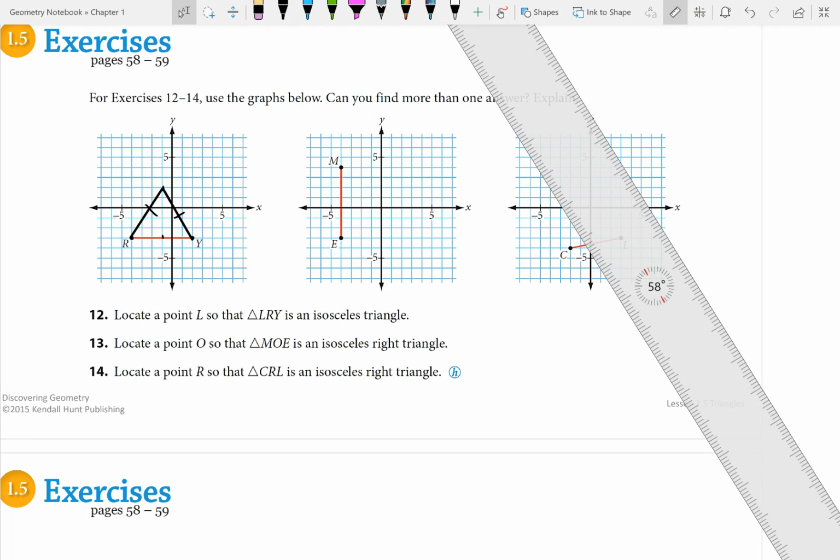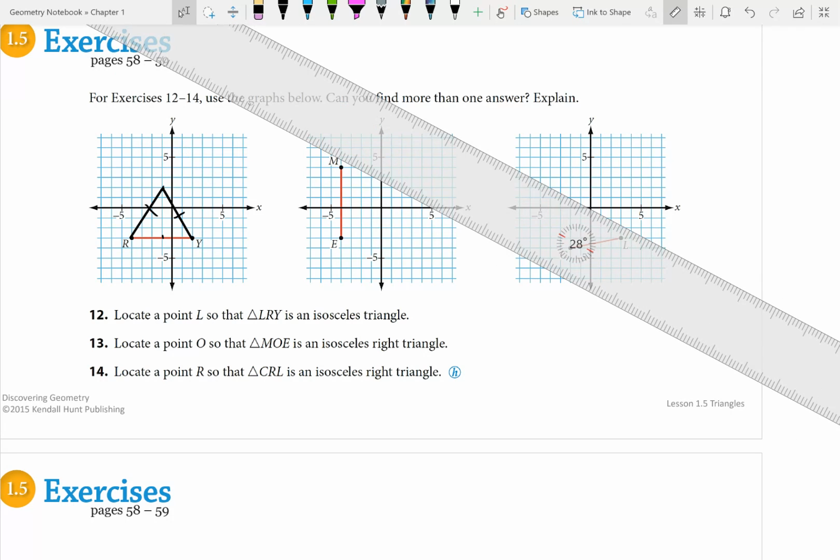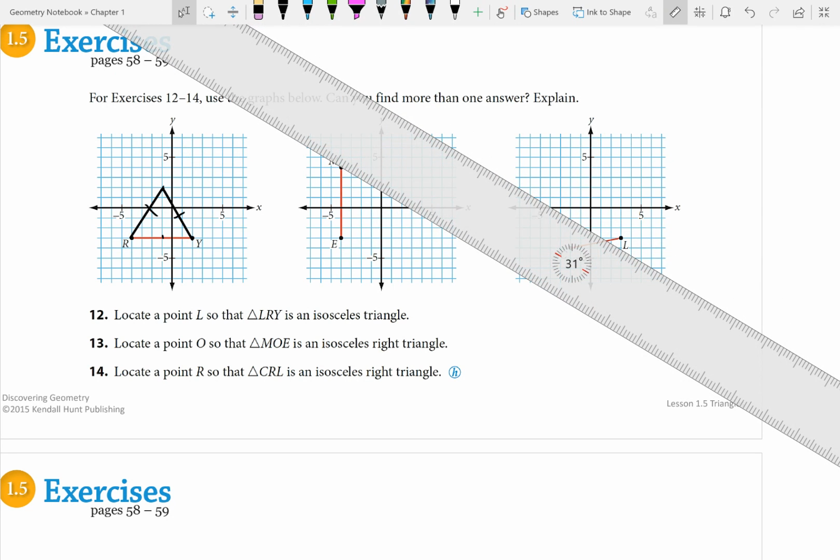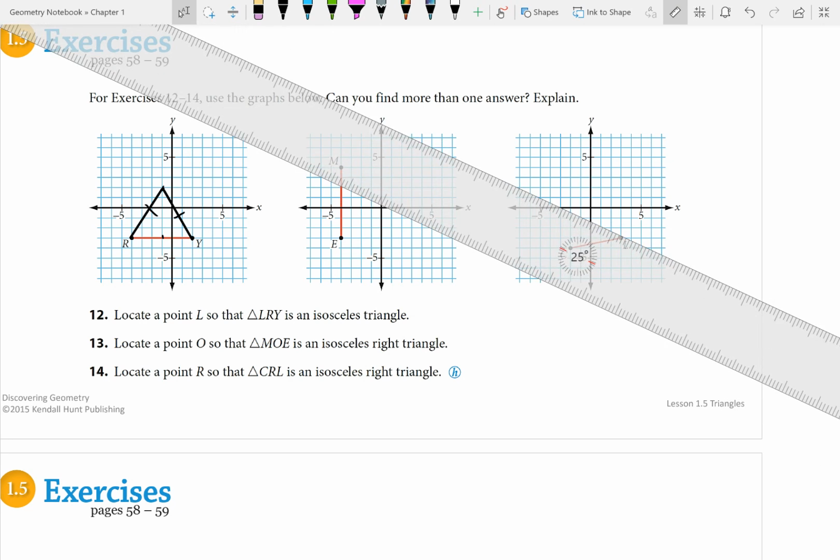And then in 13, locate a point O so that MOE is an isosceles right triangle. Okay, so that's going to mean that we're going to need a right angle.